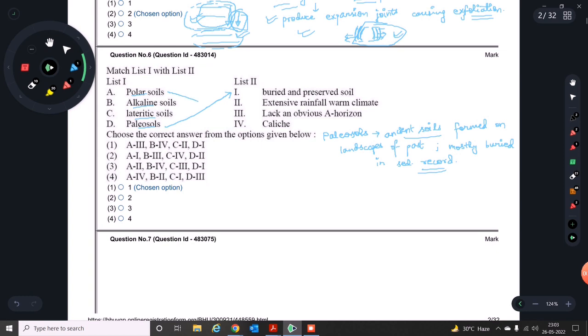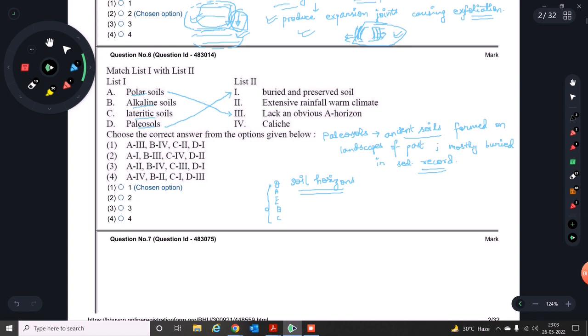Polar soils: we have different soil horizons. Polar soils lack an obvious A horizon. There are horizons O, A, E, B, C. These are different soil horizons. We have notes regarding this in our curriculum.